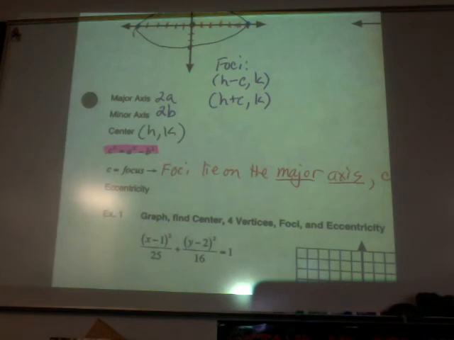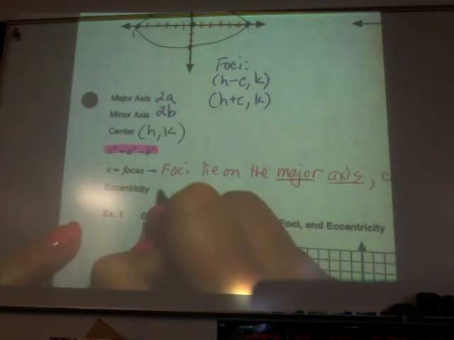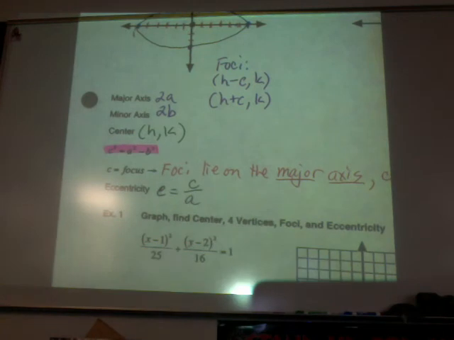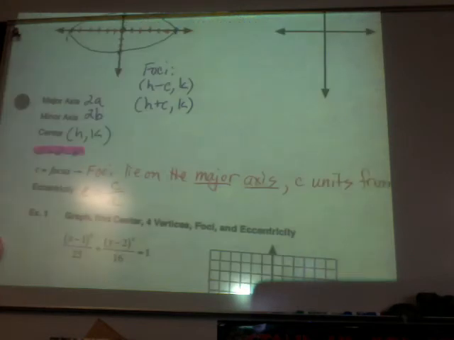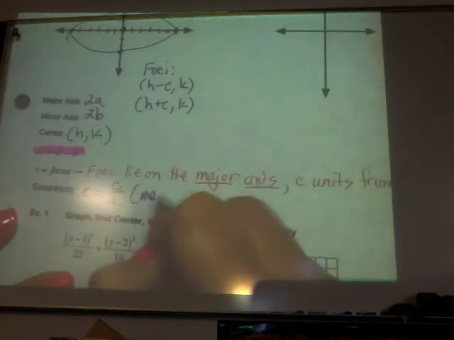And I want you to compare in your problems, both from the notes and your homework problems, that eccentricity and the shape of your graph and see what it does. So your eccentricity, E, is C divided by A. So the same C that we found for the focus divided by the A, which is half the distance of your major axis.